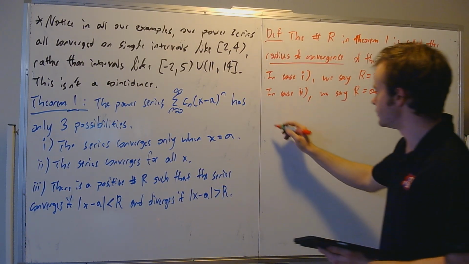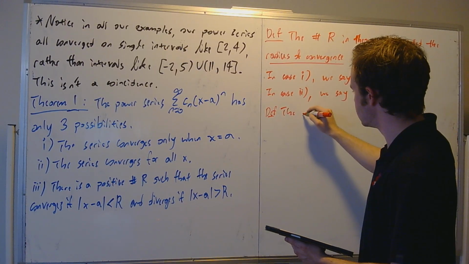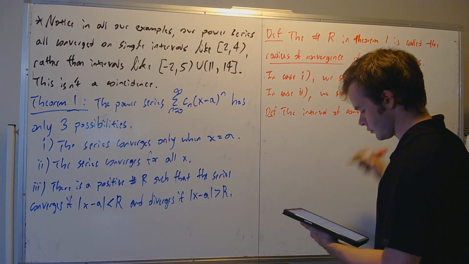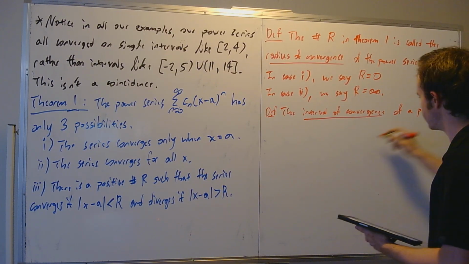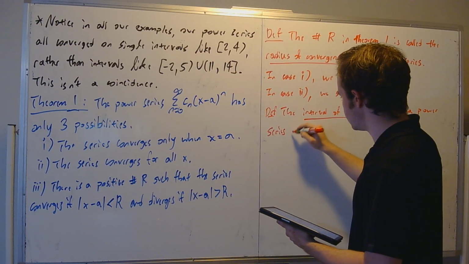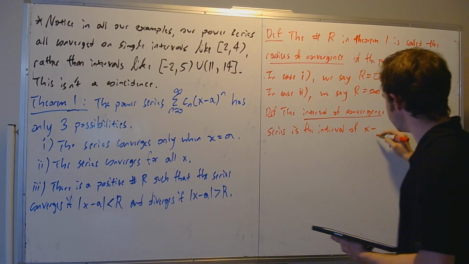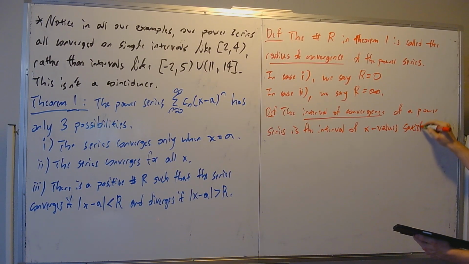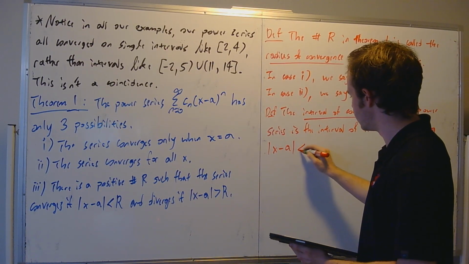Okay, and another definition. The interval of convergence of a power series is the interval of x values satisfying that the absolute value of x minus a is less than r.